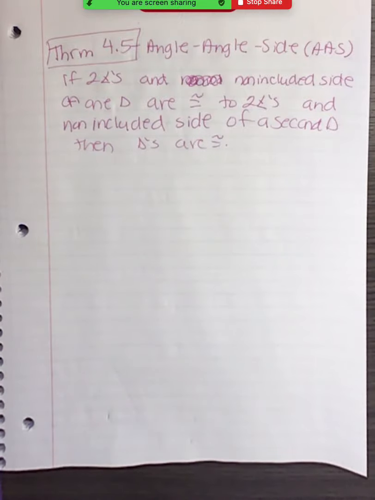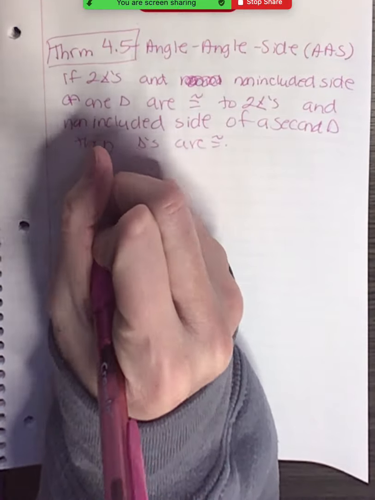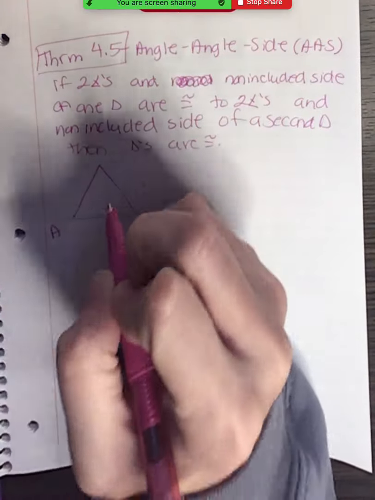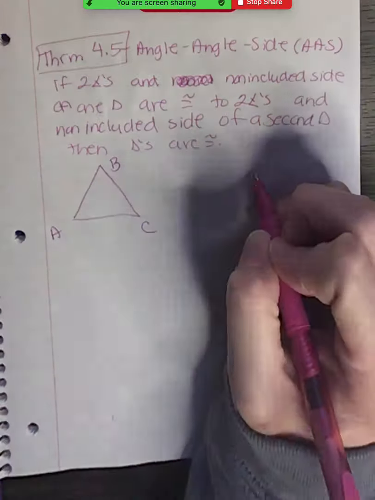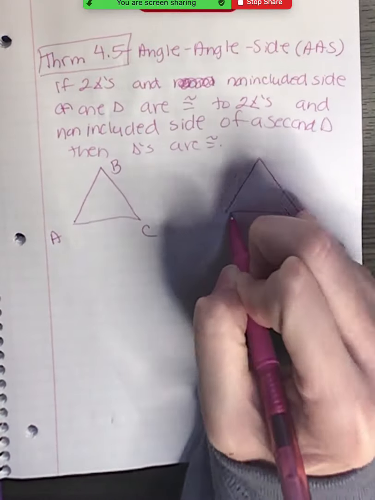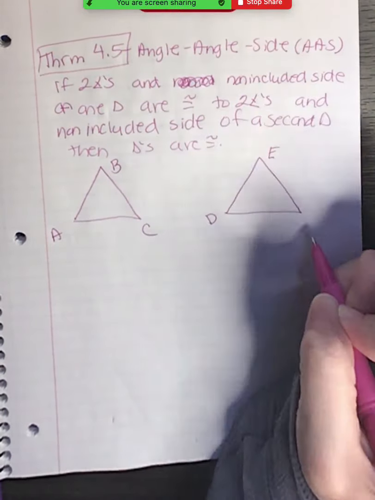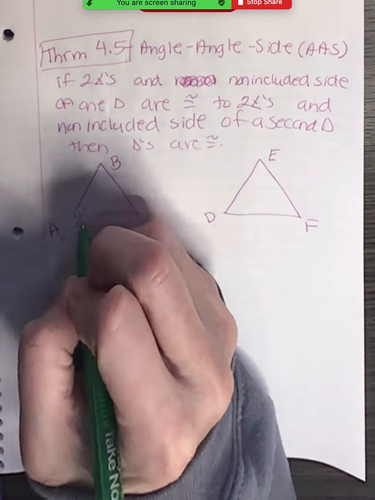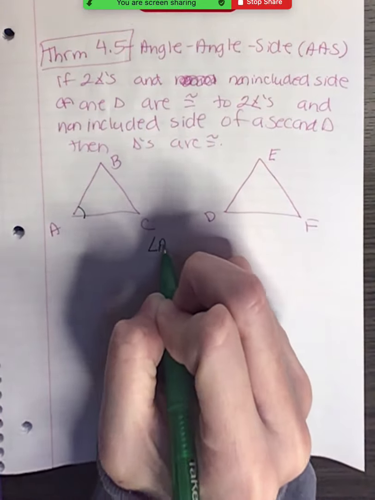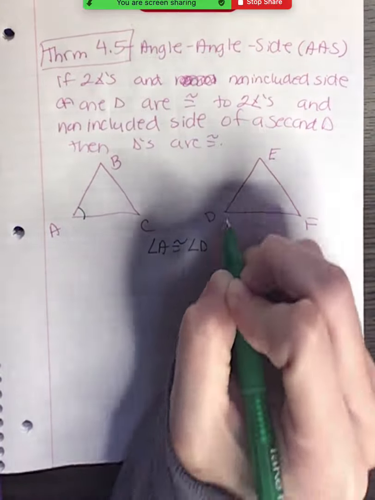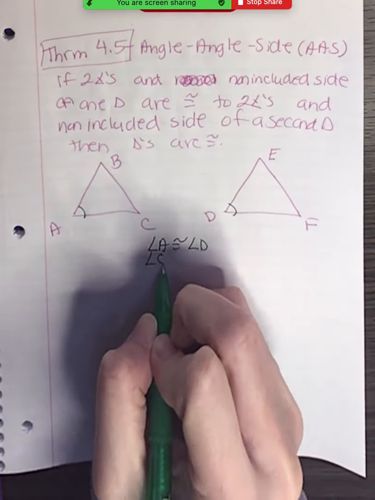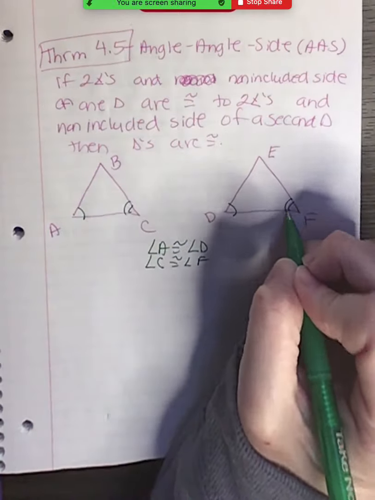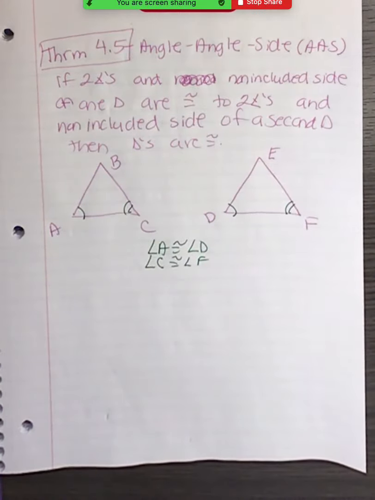Okay, so again, here's my two triangles. Here's triangle ABC, and triangle DEF. Okay, this says two angles. So angle A is congruent to angle D. Angle C is congruent to angle F. There's my two angles. And a non-included side.